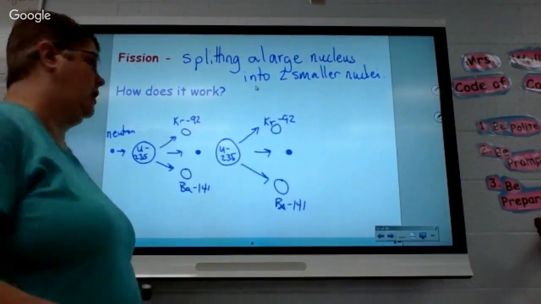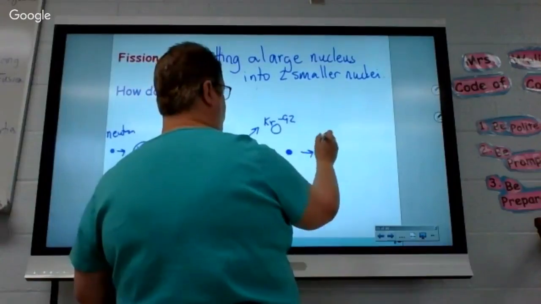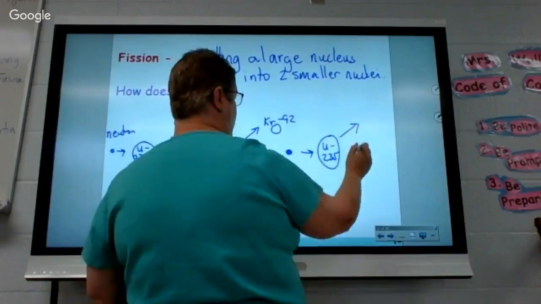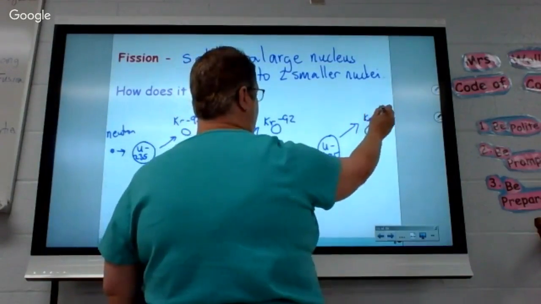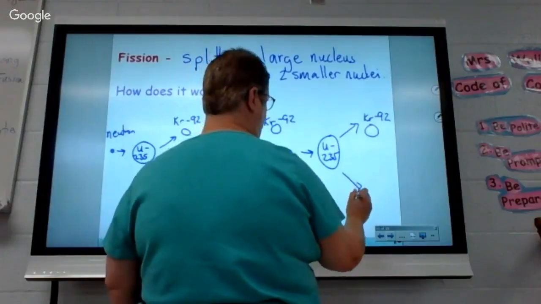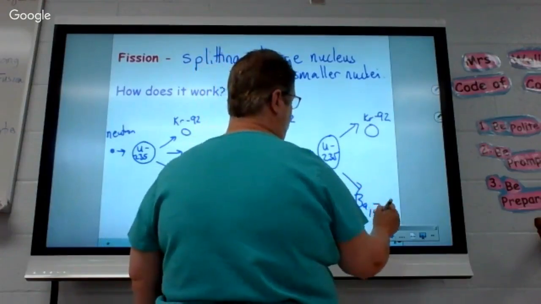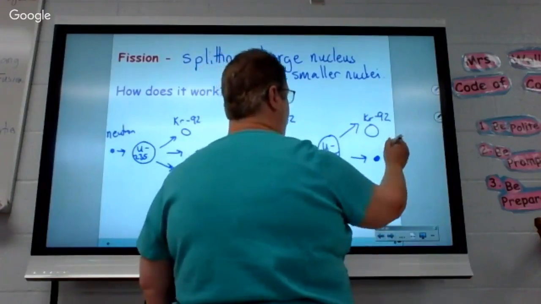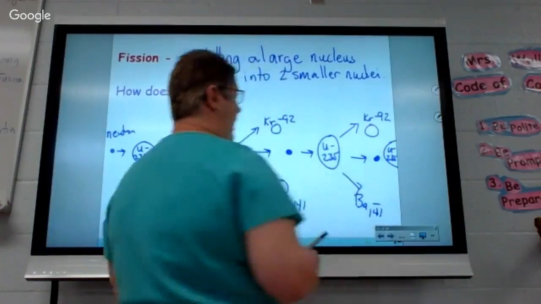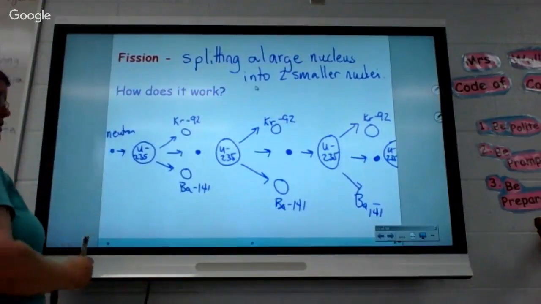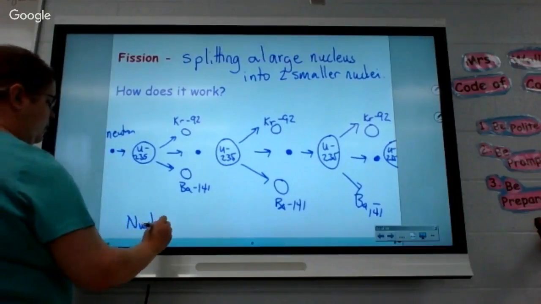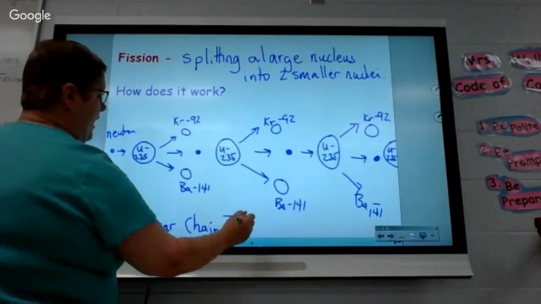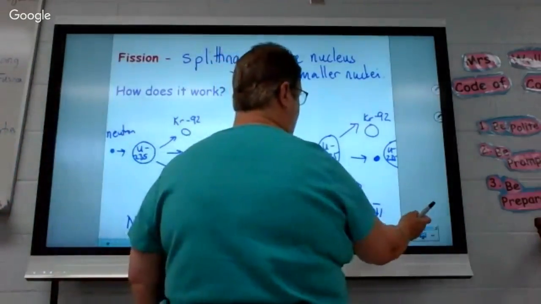One of those neutrons is again going to strike another uranium-235, which is going to create another krypton-92 and another barium-141 and another neutron, which is going to strike another uranium-235. This is important because this is a nuclear chain reaction.